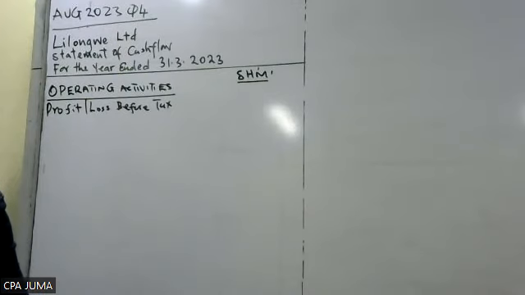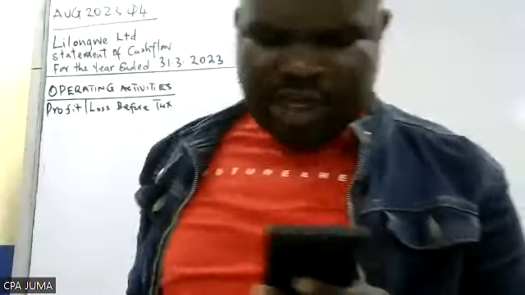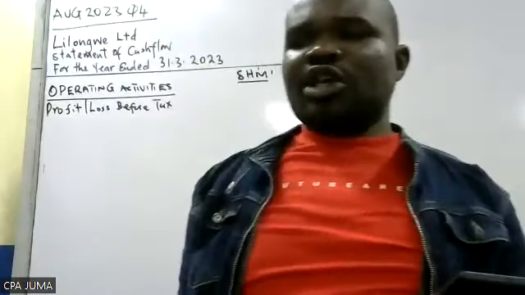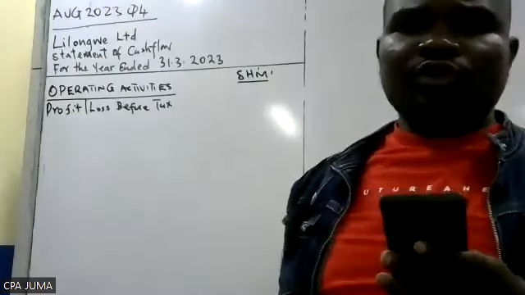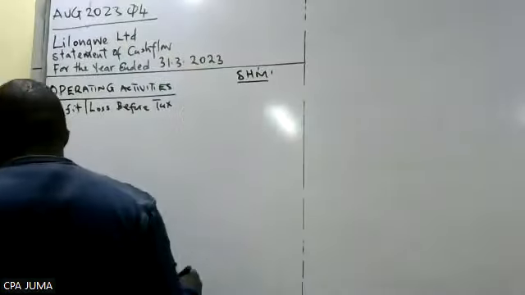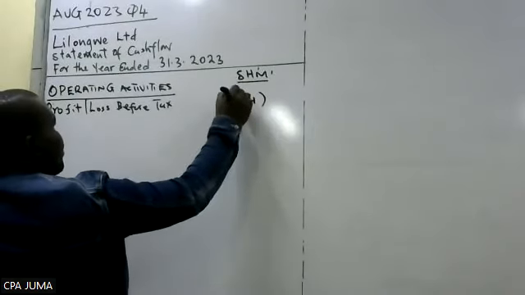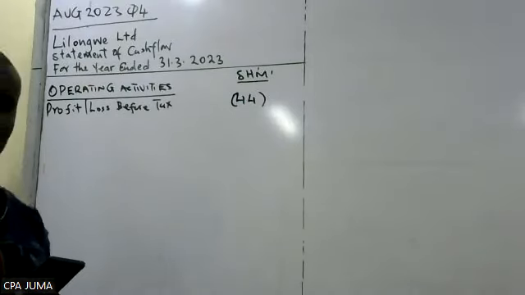Loss before tax is 44. I hope you are seeing the 44. Loss before tax, not operating loss. You take the loss before taxation. So loss before tax is negative 44.